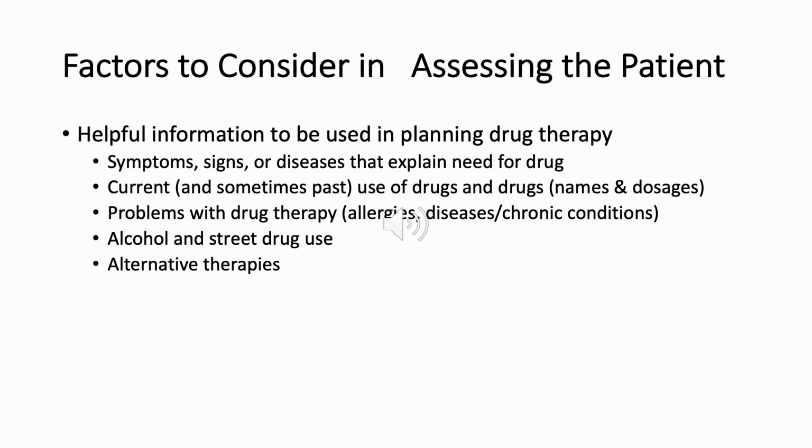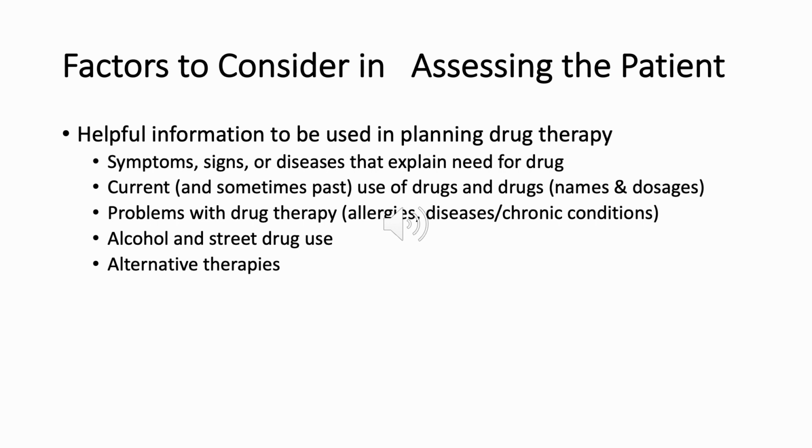Patients often forget to mention birth control pills and implanted birth control measures, over-the-counter drugs such as aspirins, vitamins, laxatives, cold and sinus preparations, antacids, alcohol or street drugs for recreational purposes such as marijuana and cocaine, alternative therapies such as herbal agents or nutritional supplements.